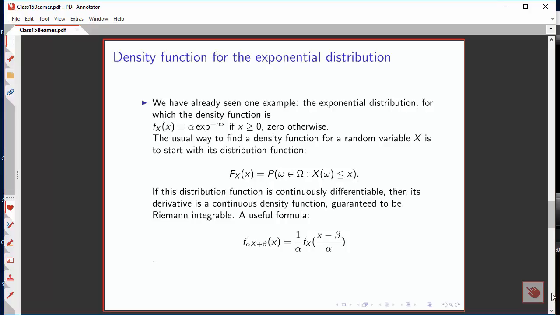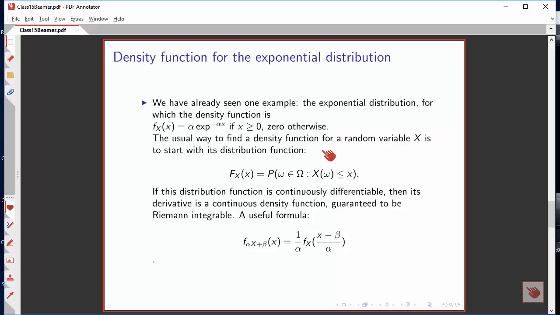Now an example of a density function. We've seen only one of them so far, the exponential distribution, and that has a density function which is alpha times e to the minus alpha x for non-negative x, otherwise 0.